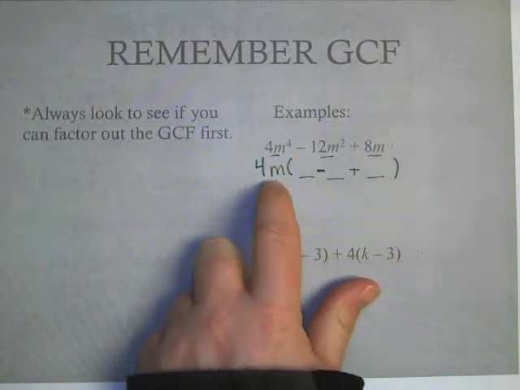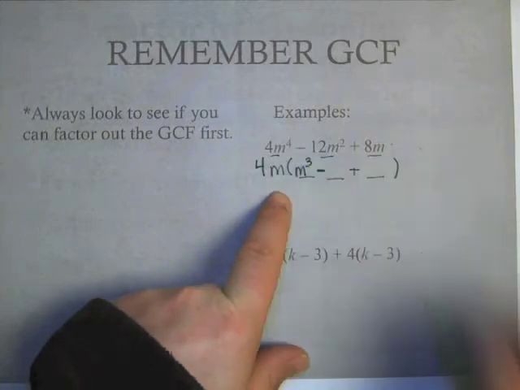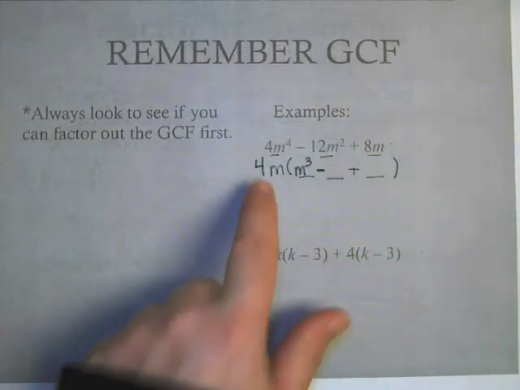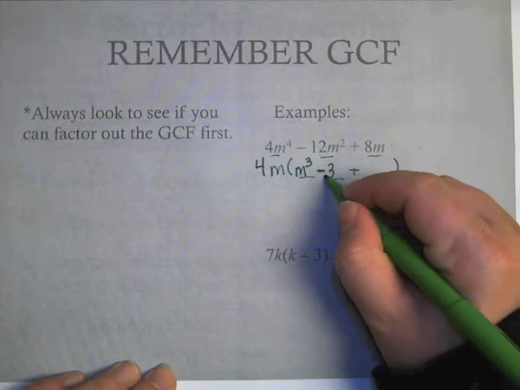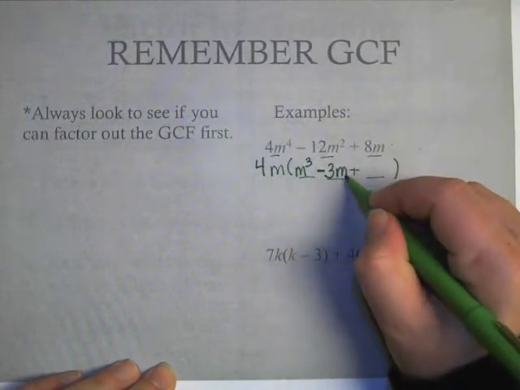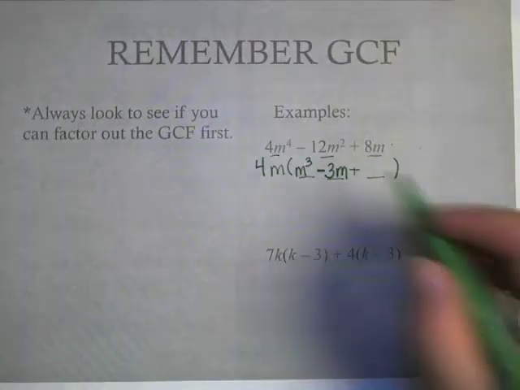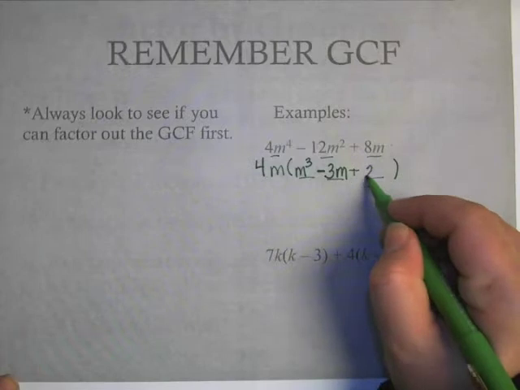m to the fourth divided by m to the first would leave us m to the third. 12 divided by 4 is 3. We had m squared, we took out one of them, so that would leave us with m to the first. And then 8 divided by 4 is 2.